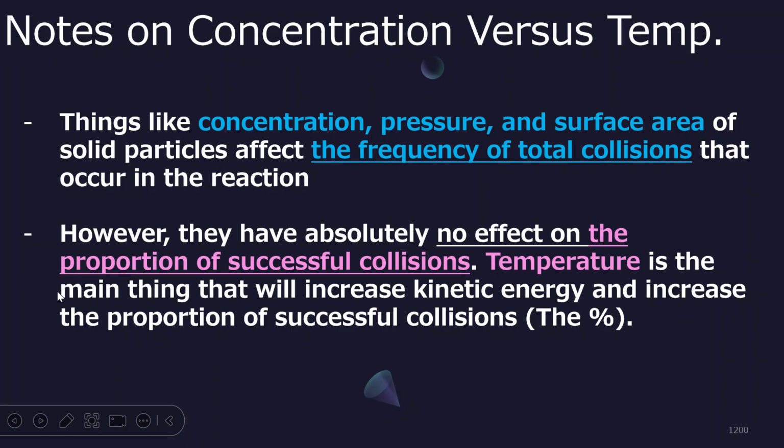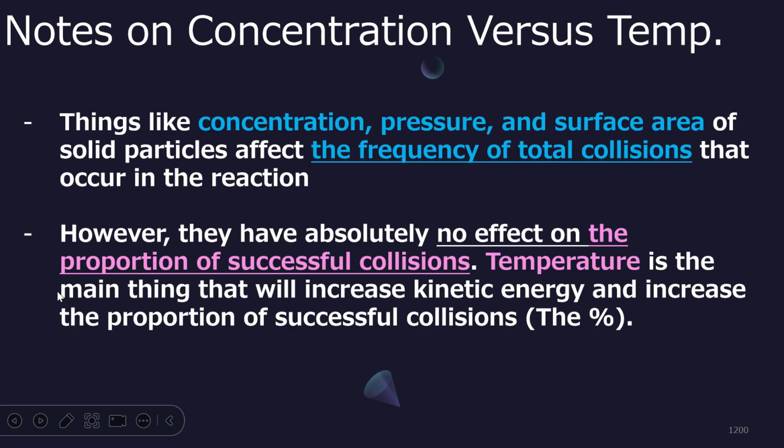Concentration, pressure, and surface area don't have any effect on the proportion of successful collisions. So when a collision happens, there's going to be some percent chance, like 25%, 60%, 80%, whatever it is, for that to be successful. So concentration, pressure, and surface area do not affect that percent chance at all. They just say more collisions possible, but not the chance of success for a collision.